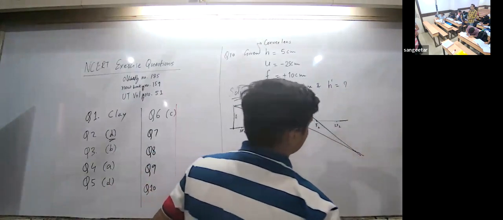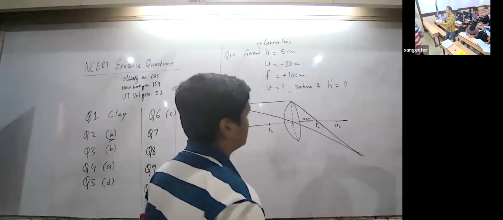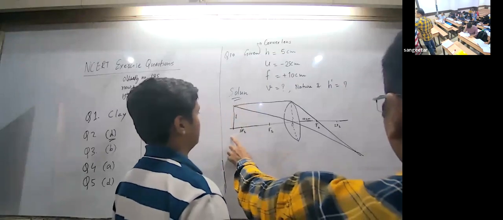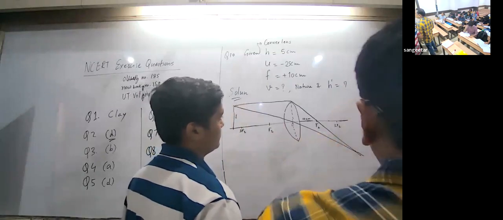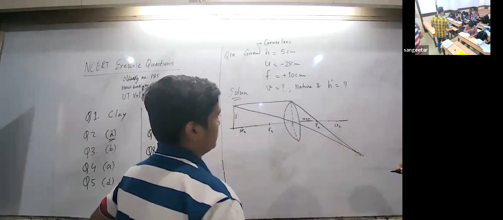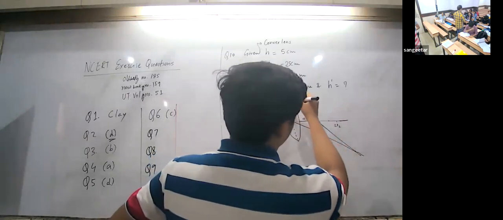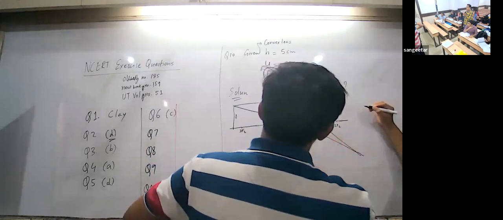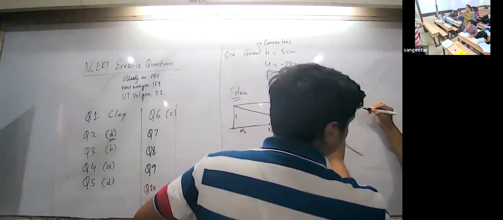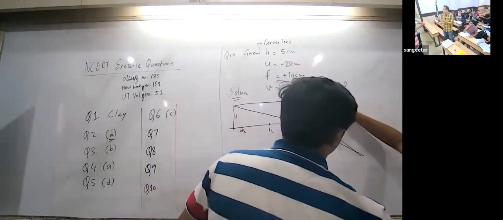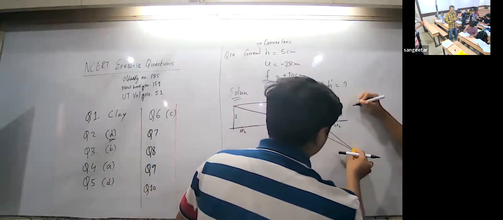Is the image position correct? No. If the object is beyond C, the image should fall between C and F. So this ray diagram is not correct, because we know the position should be between. Okay, you try by yourself, then I'll correct later on.